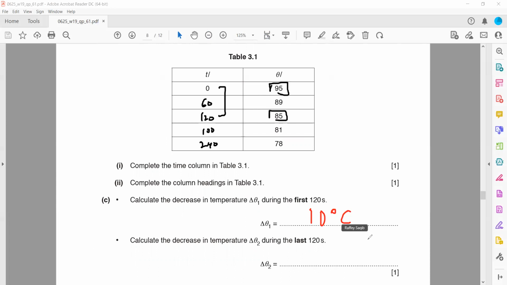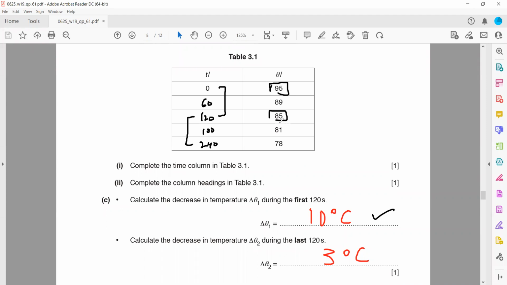That is 10. And for the last 120 seconds, from 120 to 240, what is the temperature decrease? From 120, you have to include 85 here.